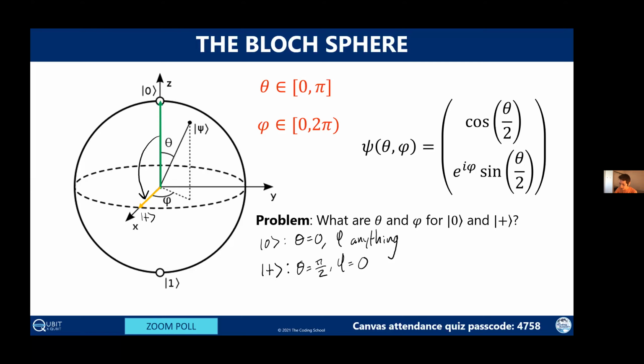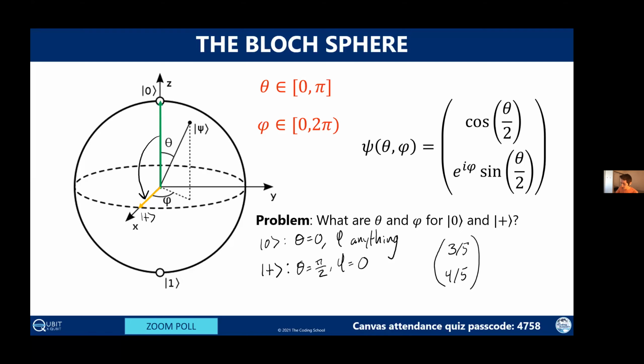So for every potential point you could get on the Bloch sphere, okay, so if you're using math to solve these problems, right? If I gave you some crazy state, I don't know, like 3/5, 4/5, for example, and I asked you to find theta and phi for this, the way I would do that is to start off by using the arc cosine function to find theta, right?